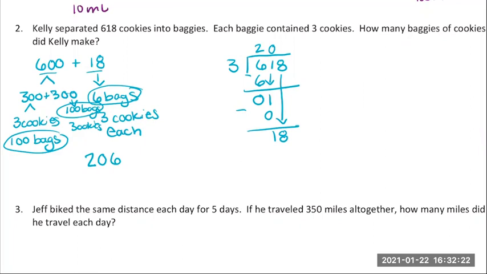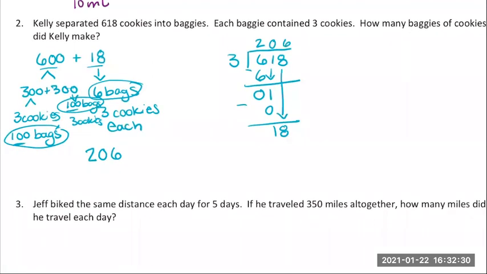We divided our 600 into 200s. There's 1, and here's 2. 18 divided by 3 is 6. We got the same answer, but we want to double check and make sure we were right. Excellent. We were exactly correct. Okay, so there's your other way of solving.